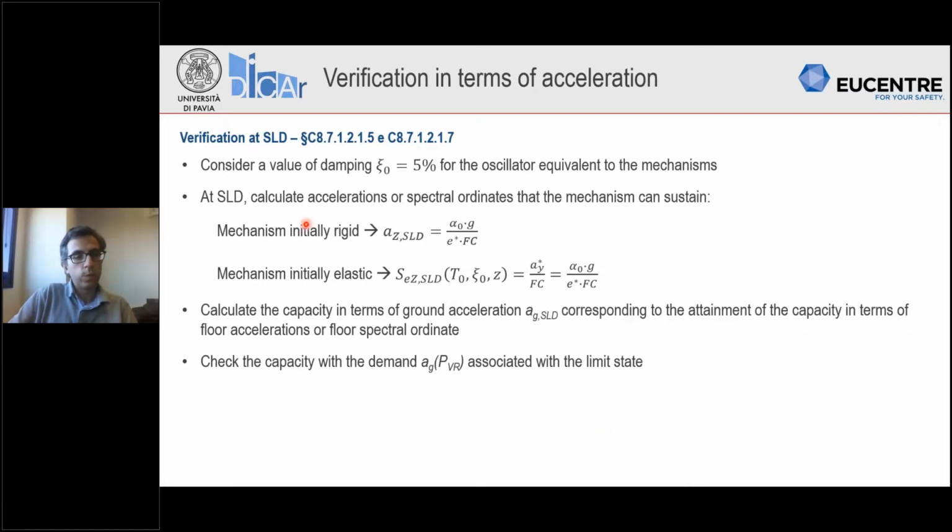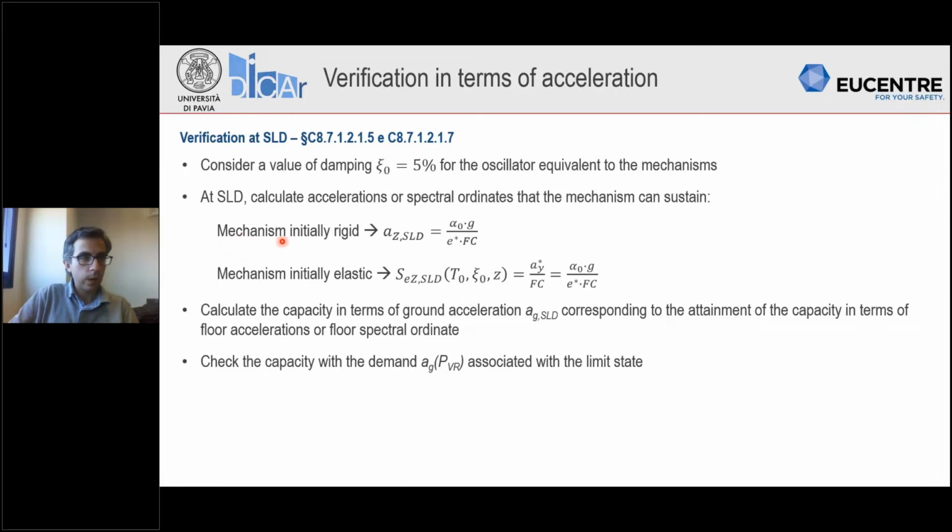First of all, you have to consider a value of damping equal to 5% for the oscillator equivalent to the mechanism. Then you have to calculate the capacity starting from the load multiplier. First of all, you have to apply this simple formula starting from the load multiplier and the parameter E star and the confidence factor. Once you have applied this formula, you will have to distinguish between two situations.